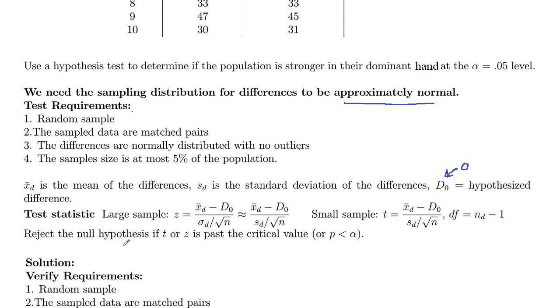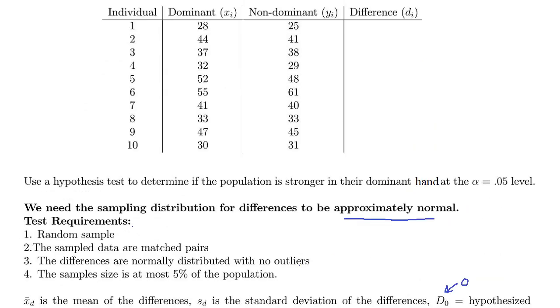You will reject your null hypothesis if the t or z is past the critical value, or if p is less than alpha. So let's take a look at this example and see how we would test here.